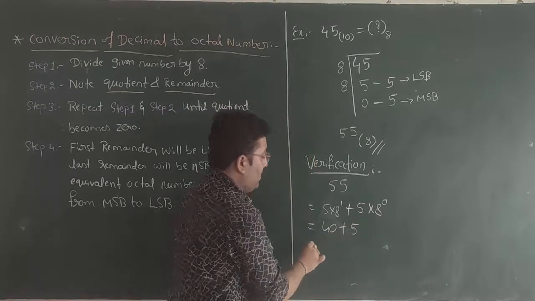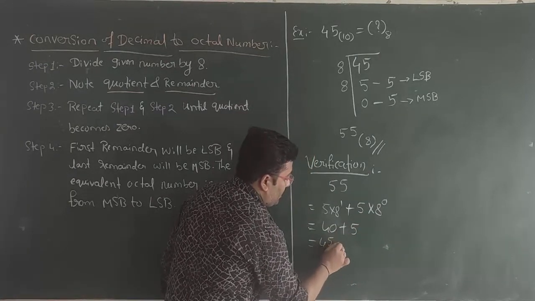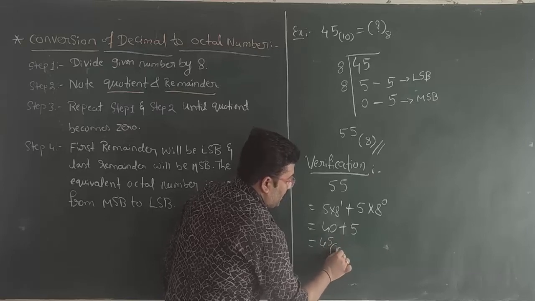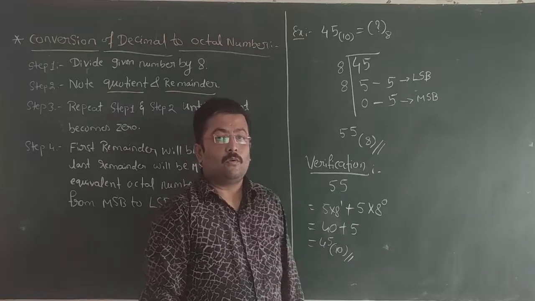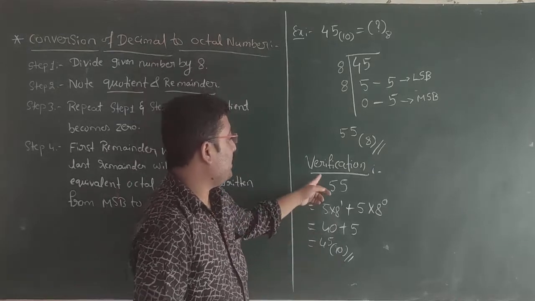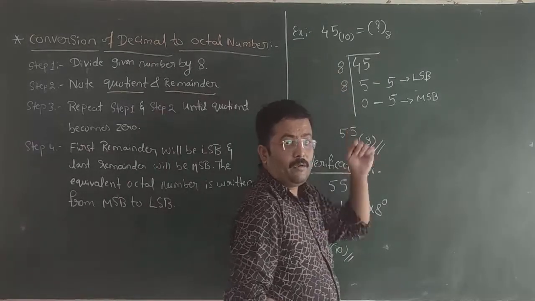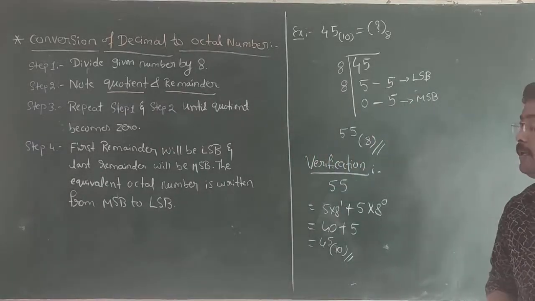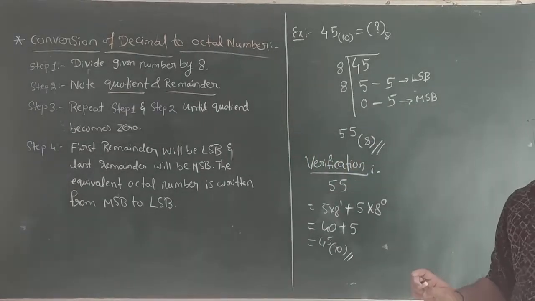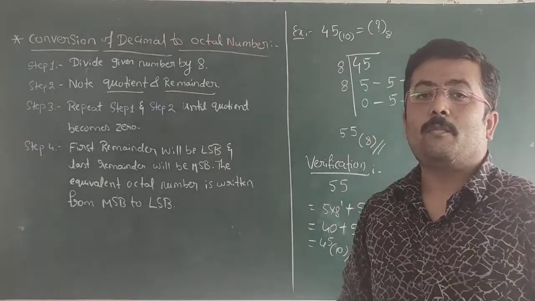So 40 plus 5 is 45 to the base 10. Using the verification method, my answer is 45 to the base 10. So the given decimal number is converted into octal number system. Let us move on to some more examples.